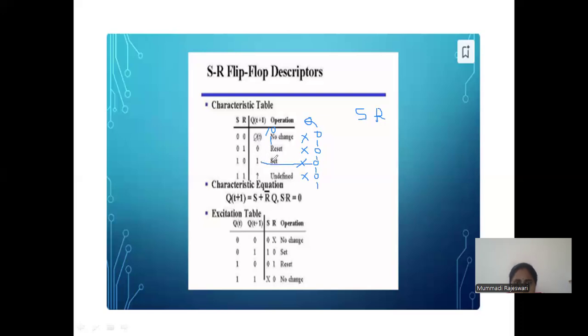Only in this combination are we getting Qn and Qn plus 1 as 0, 1. The corresponding inputs are 1 and 0. Then that is called a set. This is the second condition.